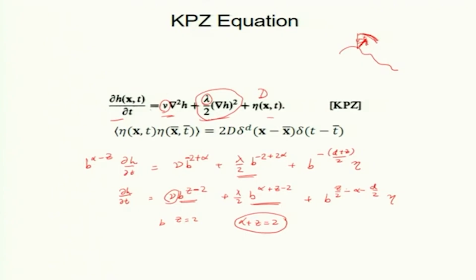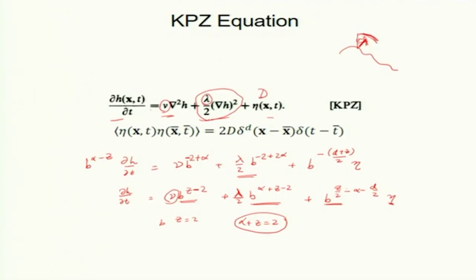Now, it turns out that D, the correlation of eta, is also a function of b. D also gets renormalized, but interestingly lambda is not renormalized. Why is lambda not renormalized? In fact, it is the Galilean invariance which I proved for Navier-Stokes.